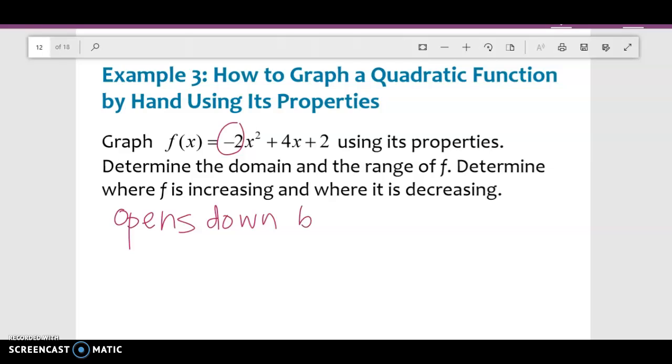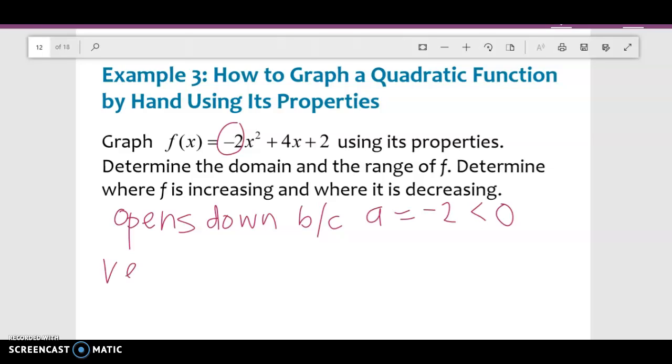So it opens down because a is equal to negative 2, which is less than 0. So that's one property that we can look at. The second thing I want to do is calculate this function's vertex.